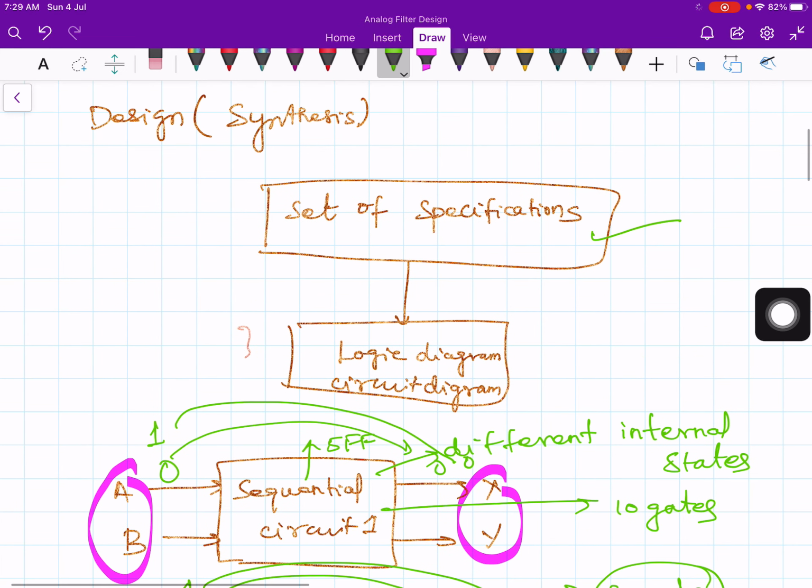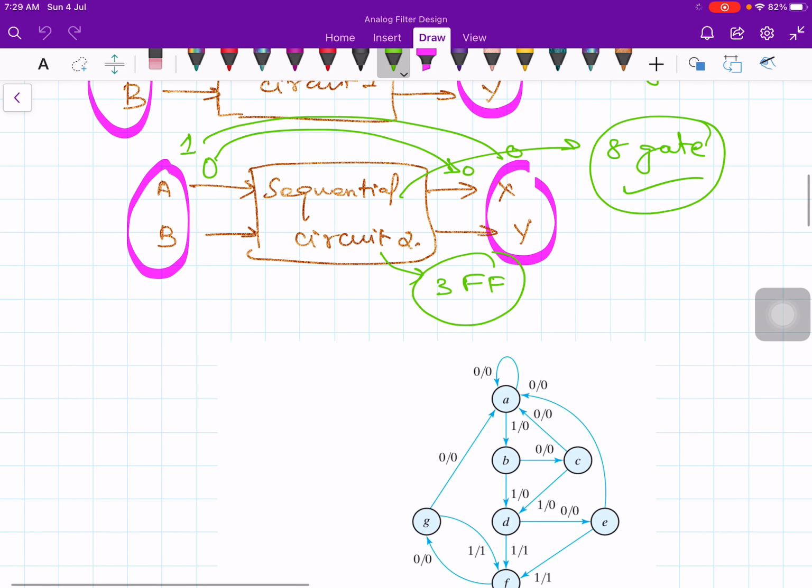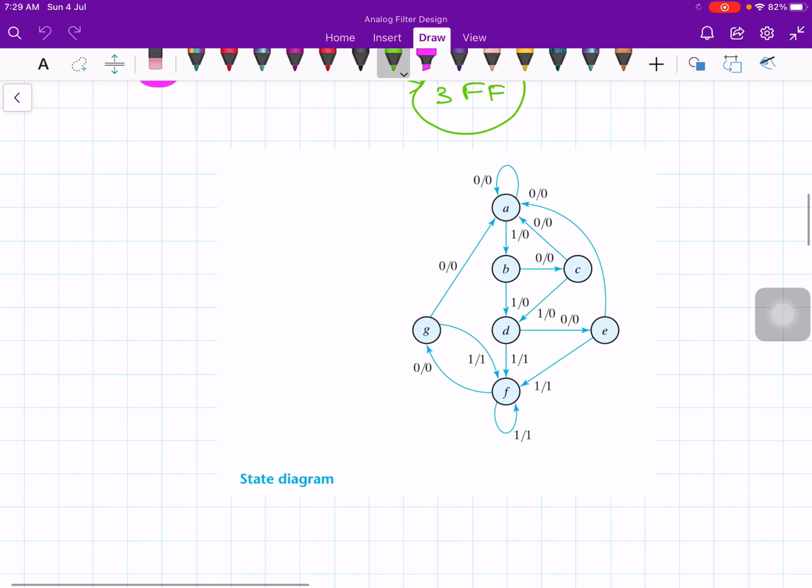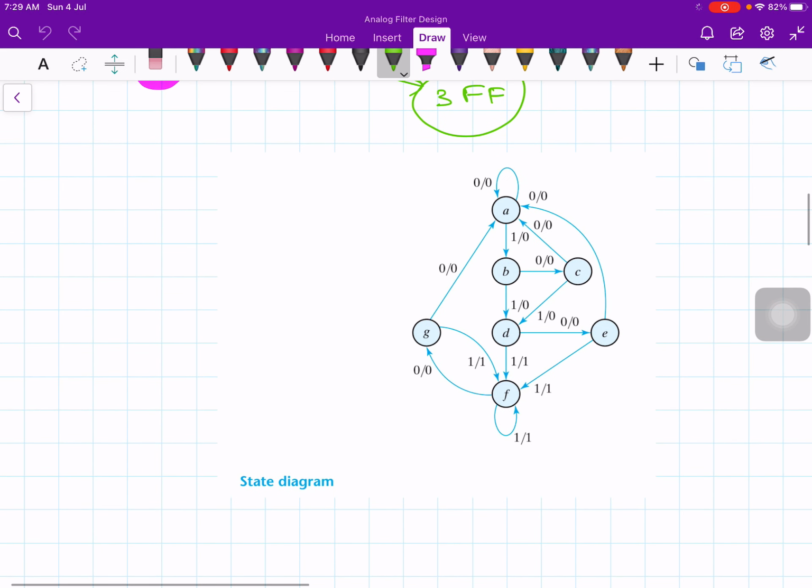A set of specifications is given, in between you will find out the set of states, and from that set of states you should not put too many states. Somehow you need to reduce the number of states. So that's a simplification procedure. That means reducing the number of gates and the number of flip-flops.